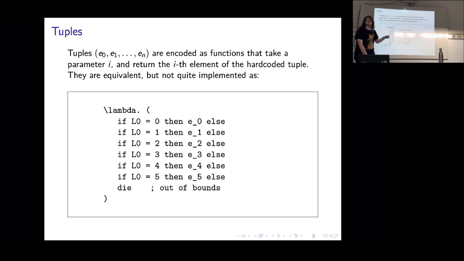So in our language, instead of having tuples, you encode them using functions that take a parameter and return the corresponding element of the tuple. This is a more pure encoding in lambda calculus.